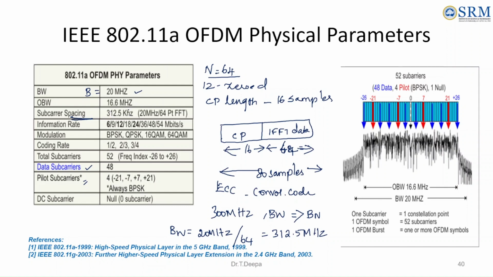Let us find the maximum delay spread for which ISI is removed. The maximum delay spread is denoted by TM.